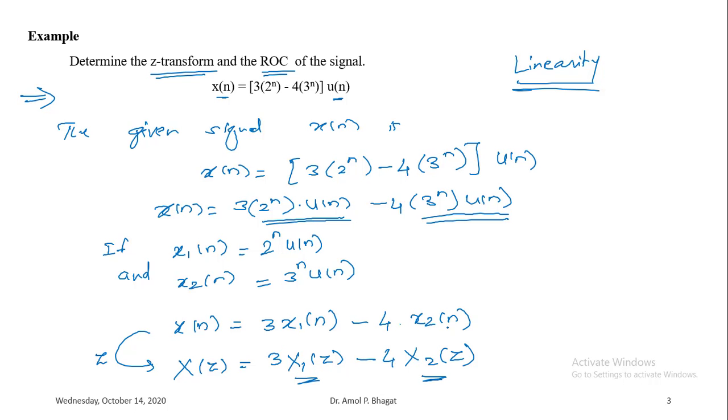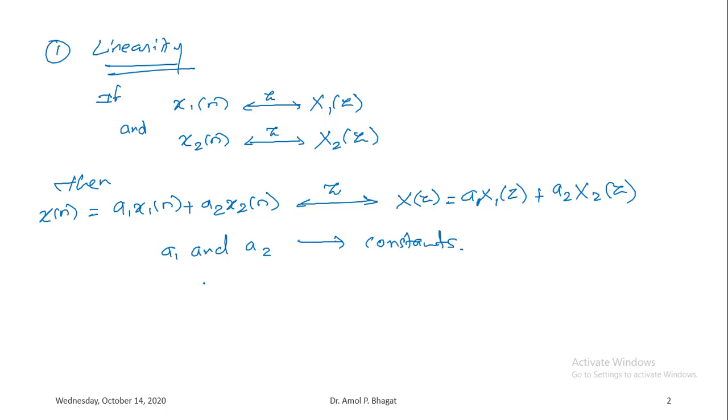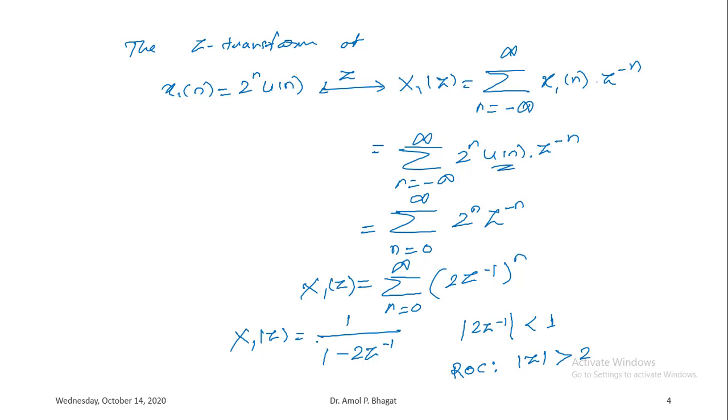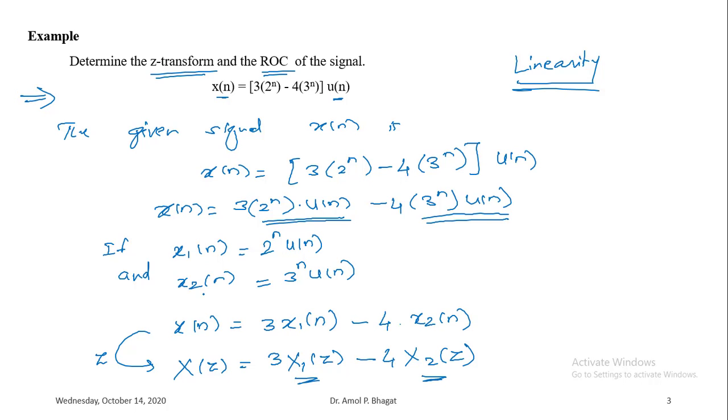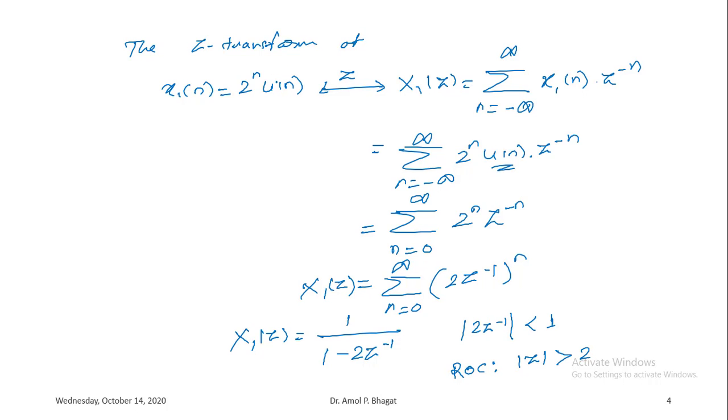Similarly, you can identify it for x2 of n. We identified here the z transform of x1 of n, which is X1 of z, and its ROC. Similarly, we can identify the z transform of x2 of n, which we have taken as 3 raised to power n u of n.